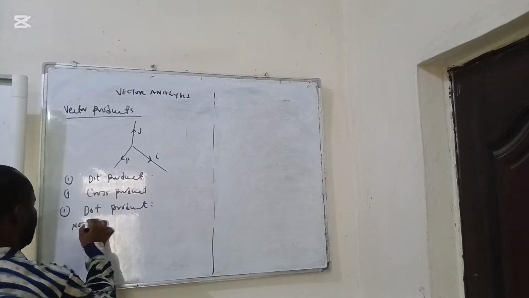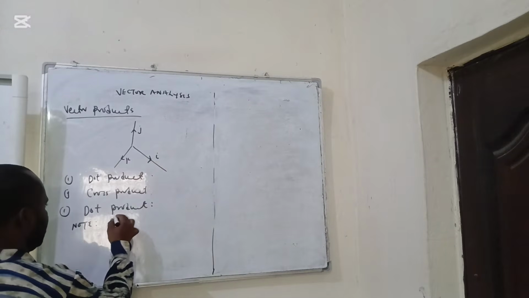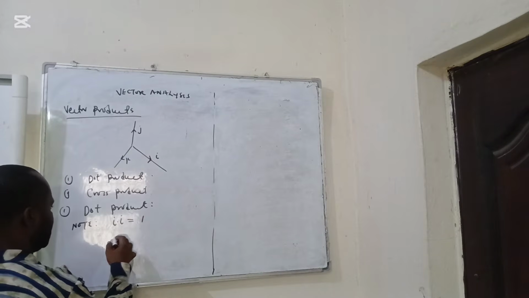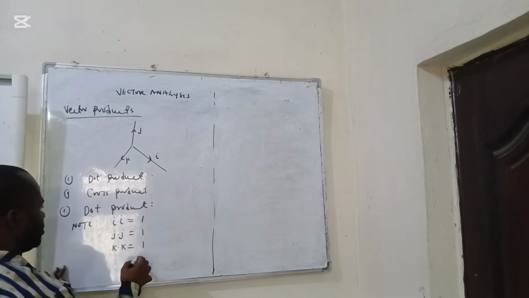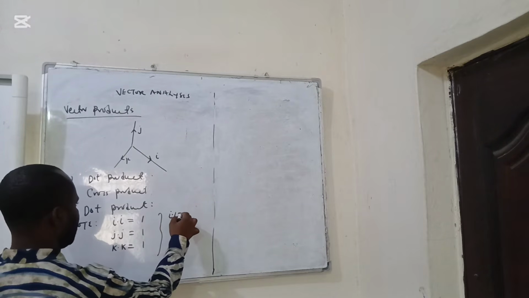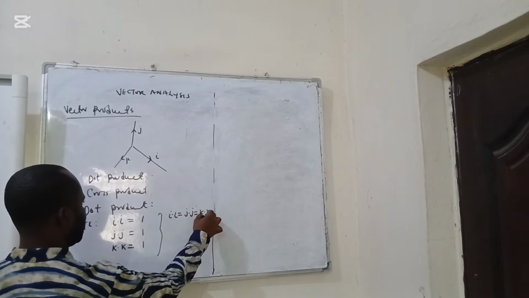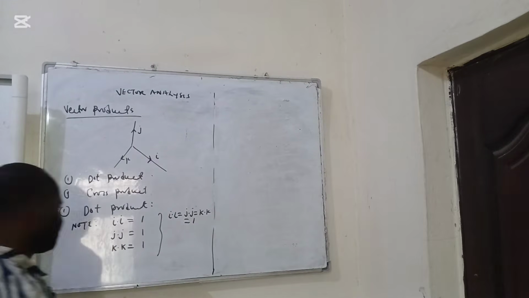You should note that following the coordinates, i dot i is the same thing as 1, and j dot j is 1, and also k dot k is 1. So it means that i dot i equals j dot j equals k dot k, which is also 1. Please take note of this.